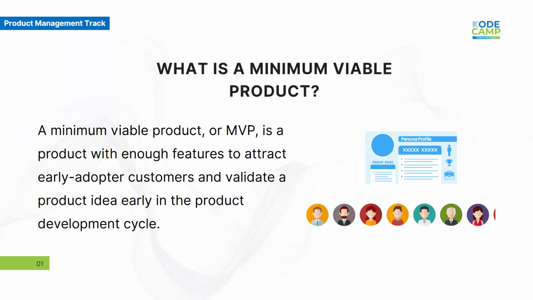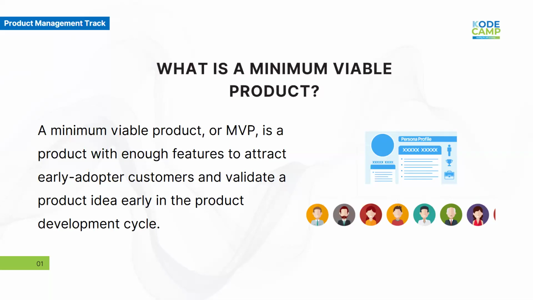Now, to put this simply, a minimum viable product or MVP is a product with enough features to attract early adopters. Remember, we talked about adopters. To attract early adopters, customers, and validate a product idea early in the product development life cycle, right?